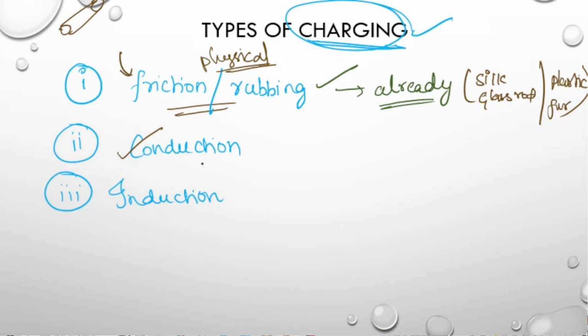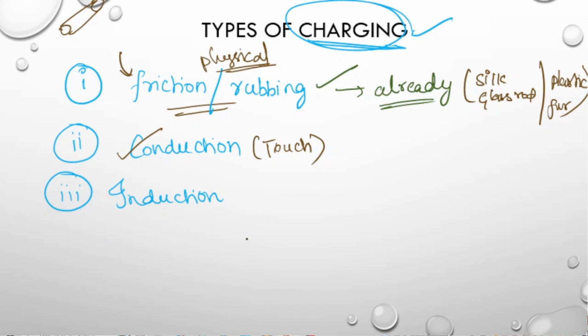But in conduction, you just have to touch the end. That's it. You are not going to rub. Physical contact is there, but just a touch. That will happen in conduction.